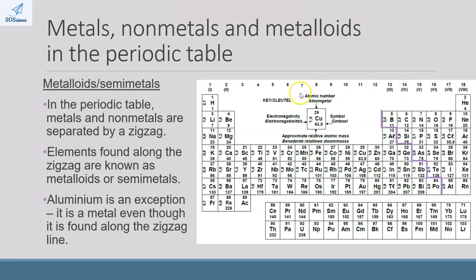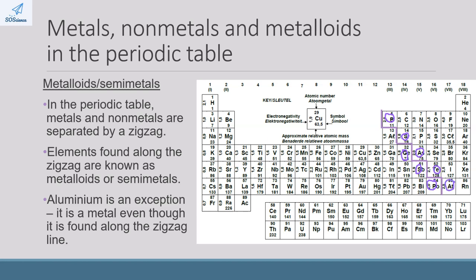So let's take a look now at this periodic table and mark off a few important things. We start off with a zigzag line, knowing that any element that touches the zigzag line, with the exception of aluminium, is a semimetal.